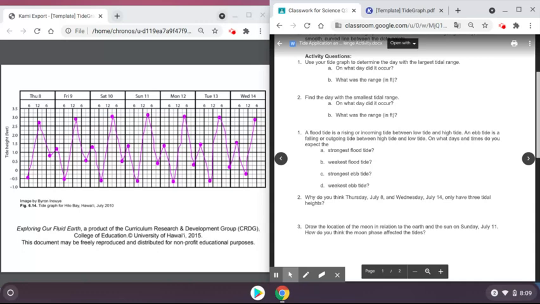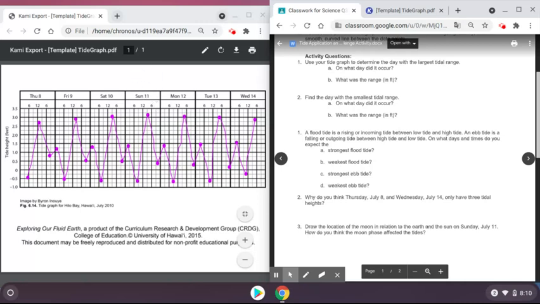But when we have that straight line, we create what's called a spring tide, because there's so much gravitational force lined up between the sun and the moon that it really pulls hard in that one direction. So our high tide is really high and our low tide is really low. So looking at our strongest ebb tide, when that water really moves down, what date do you think it would happen? And what time do you think it would happen?